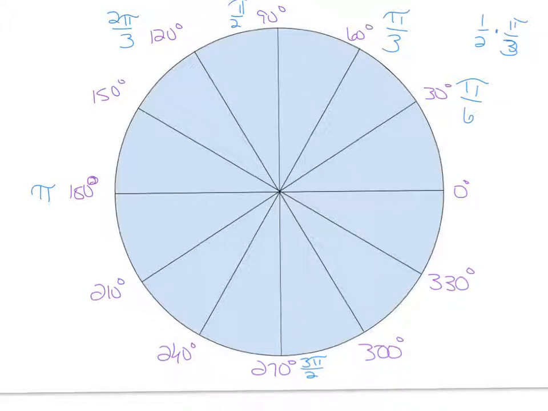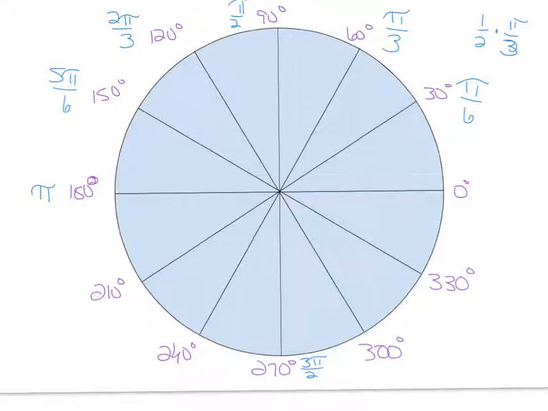So if we go all the way around, pi over 6, 2 pi over 6, which is pi over 3, 3 pi over 6, which is pi over 2, 4 pi over 6, which would simplify to 2 pi over 3, 150 degrees would be 5 pi over 6, right? And that doesn't simplify. 6 pi over 6 becomes pi.